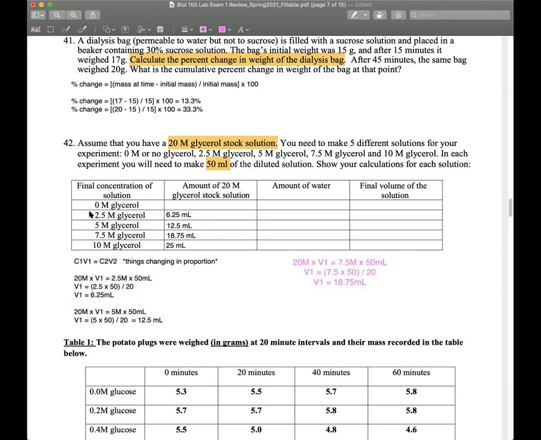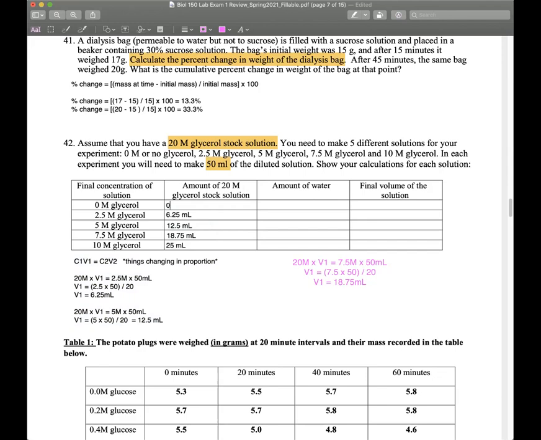And then we didn't do this first one because sometimes if you put a 0 in your formula, students get confused with that, but you can also just think about it logically. If you're making a 0 molar glycerol solution, so a solution that has absolutely no glycerol, then how much of your stock glycerol are you going to put into it?